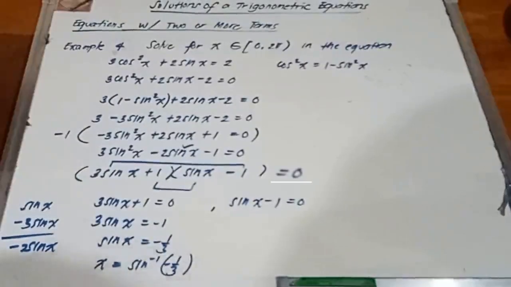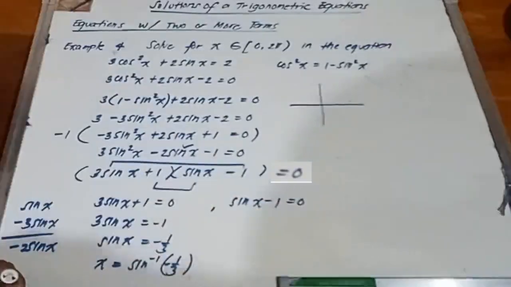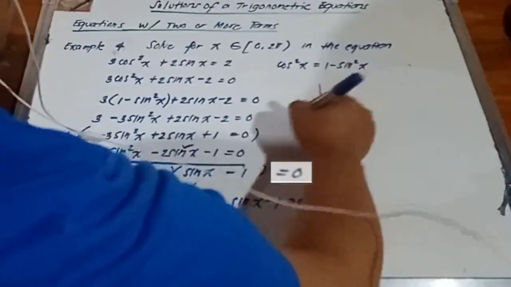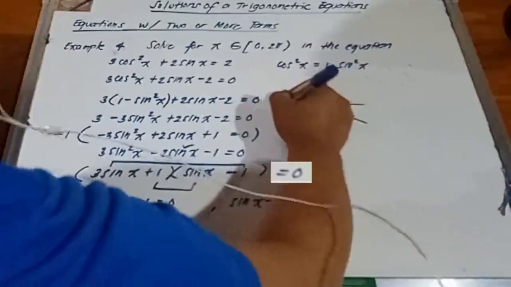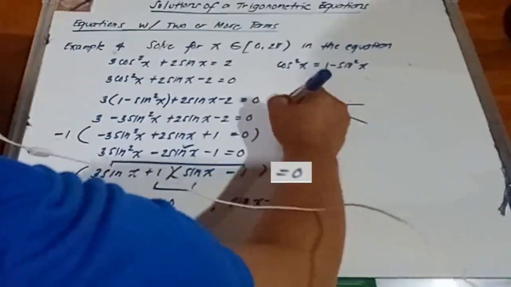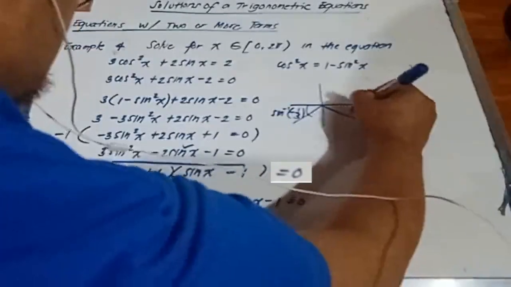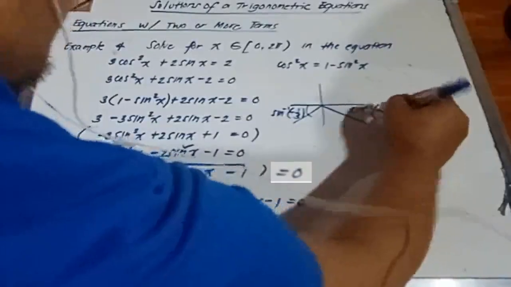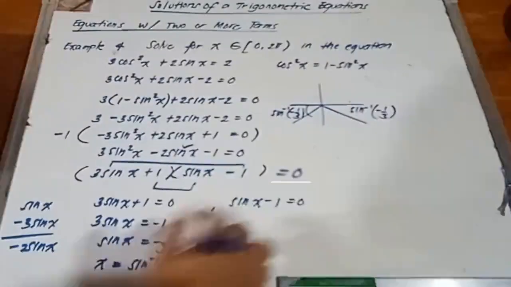But we know na yung ating sine is negative sa third and fourth quadrant. So, ito yung ating sine to the negative 1 of negative 1/3. Ito yung reference angle niya. Dalawang yon.